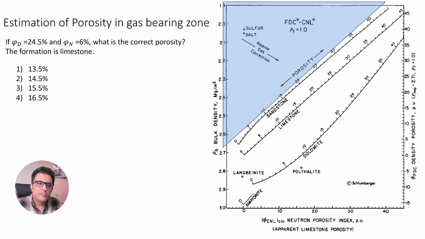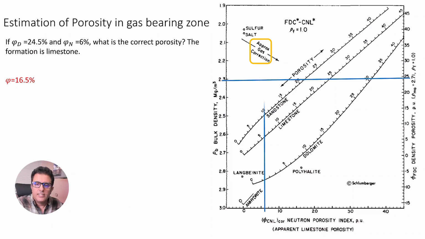Now assume that phi d is equal to 24.5 and phi n is 6, and the formation is limestone. What is the correct porosity in this example? The correct porosity is 16.5, and this is how you may estimate it.